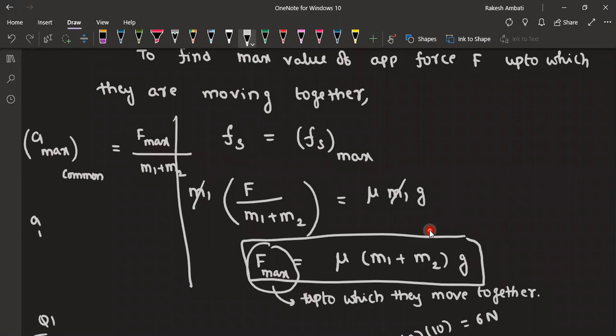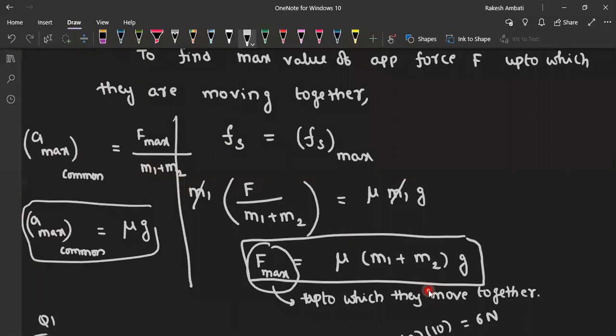Therefore, for the maximum common acceleration, it's only mu g, right? Here it is F maximum value, dividing with m1 plus m2, then m1 plus m2 cancel out. Therefore, the maximum common acceleration is mu g. And is this for type 1 or type 2?